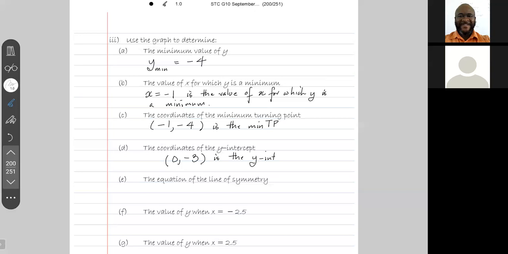Remember, we already identified that the vertical line through the turning point is x is equal to -1. And guys, the vertical line through the turning point is called the line of symmetry. So x is equal to -1 is the line of symmetry.